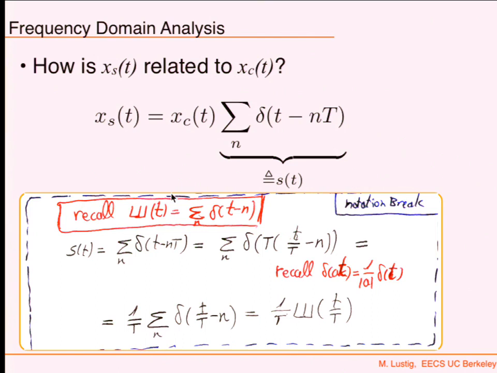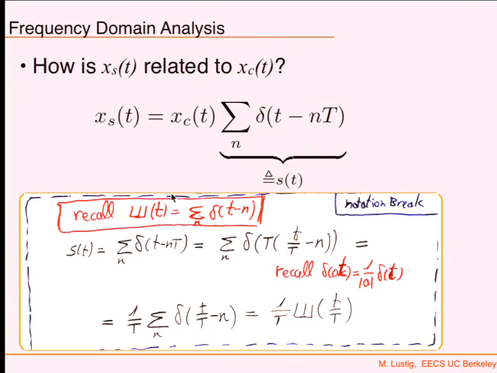But if you scale a delta by T, then you have to divide up front. If you want to find a relationship to a delta that is not scaled, then you have to divide its value. It's kind of like you stretch something, then you have to scale it down.